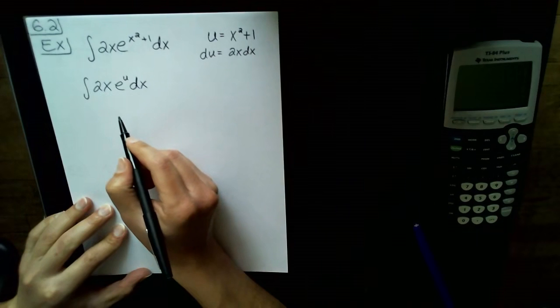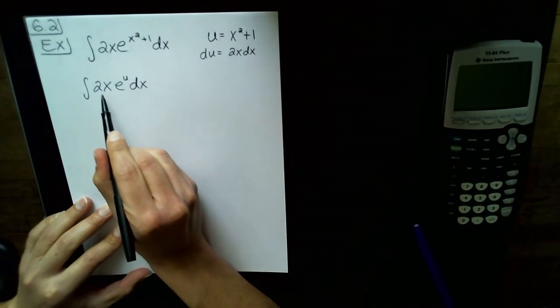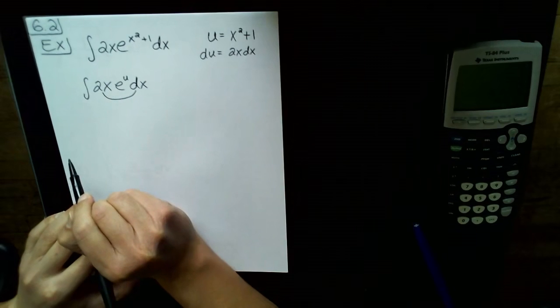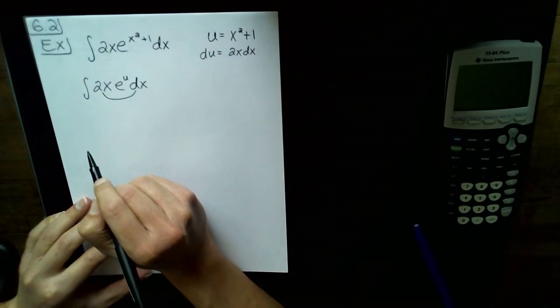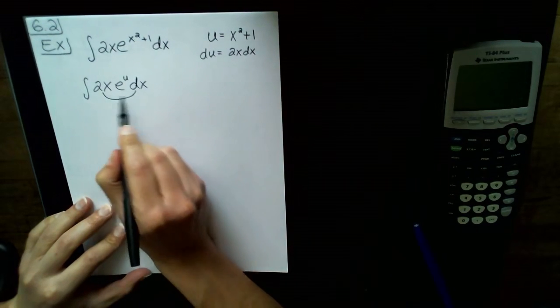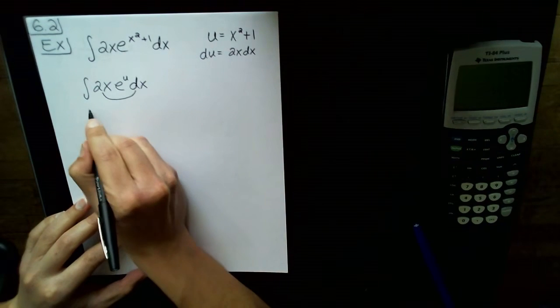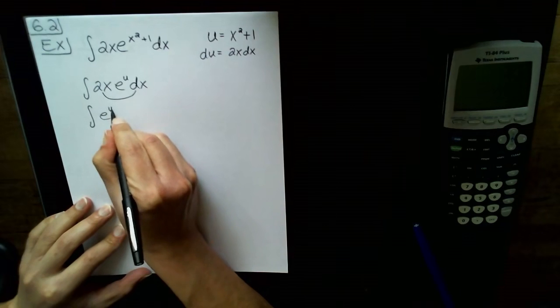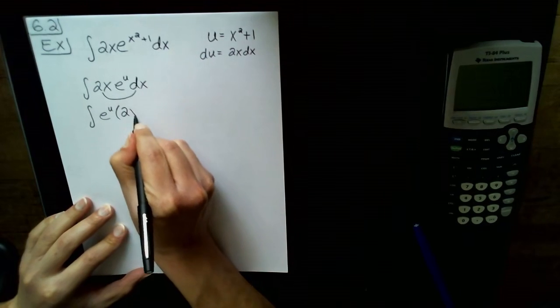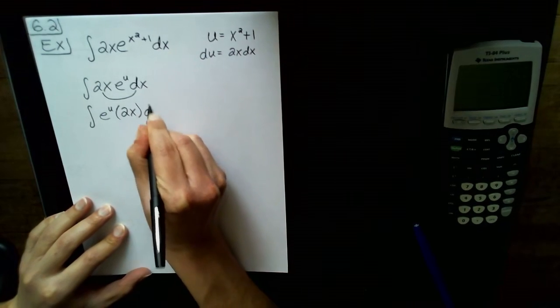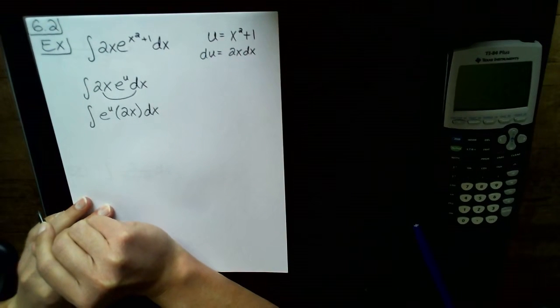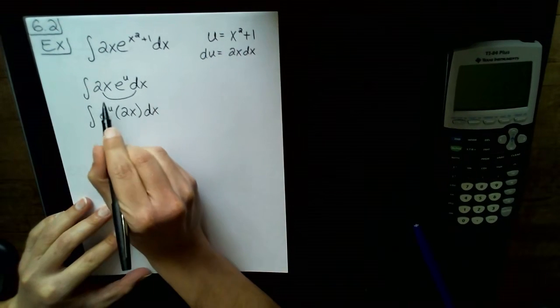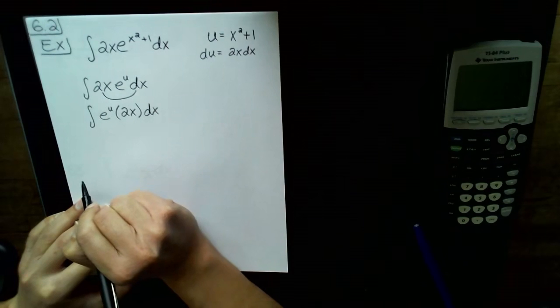And now from here, notice we have a 2x and a dx technically being multiplied together. They might not be attached to each other, but we could always rewrite this problem as e to the u times 2x dx, as when you're multiplying, you're allowed to change the order.